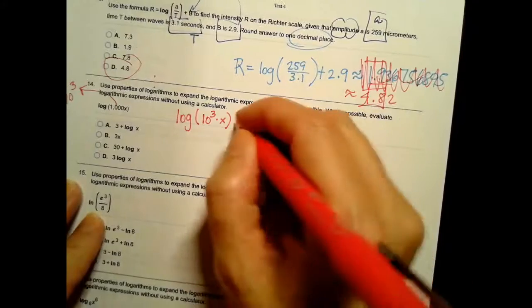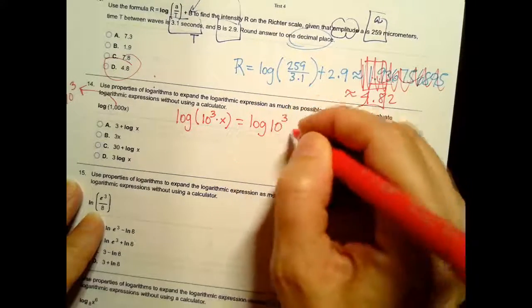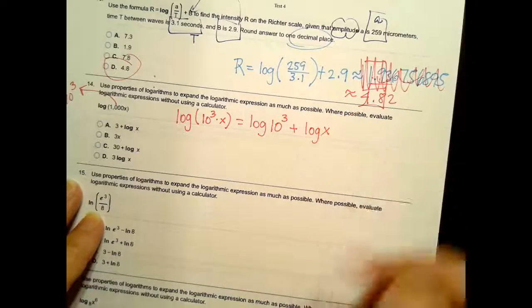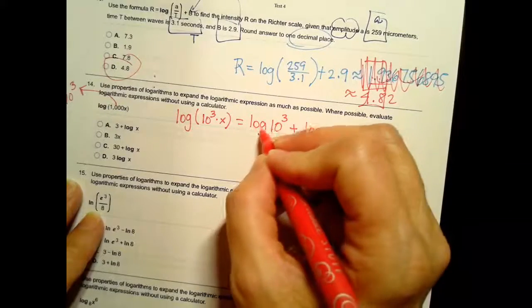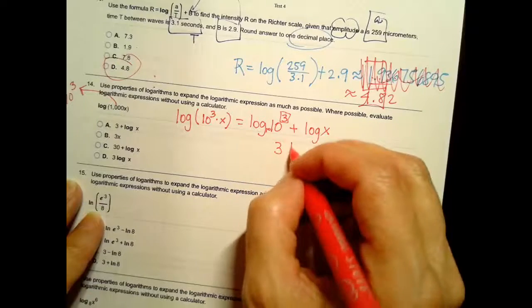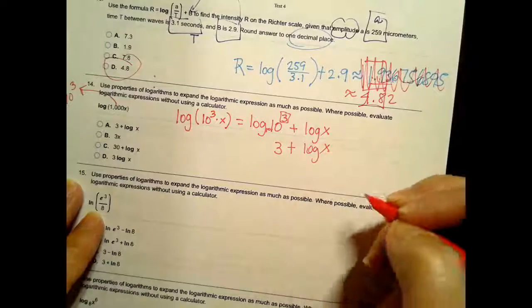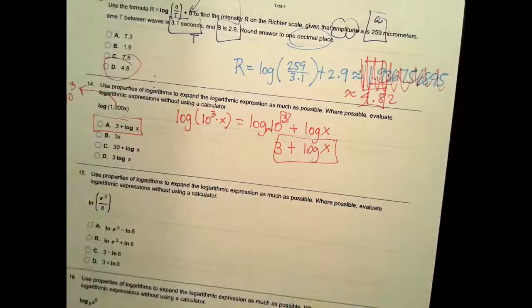So that will give me log of 10 to the third plus log of x. And we know that log of 10, remember, this is base 10, so I'm only left with the 3. So 3 plus log of x, and that is your final answer. 3 plus log of x.